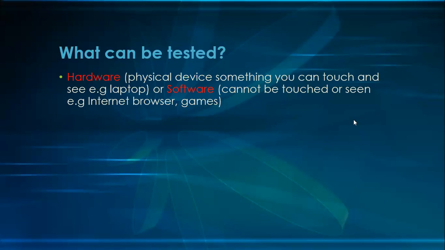You cannot see the internet browser, but we know it's working. Those are the things that make the internet come. The game that you're playing, that is software. Hardware are the physical things that you can touch, see and feel.